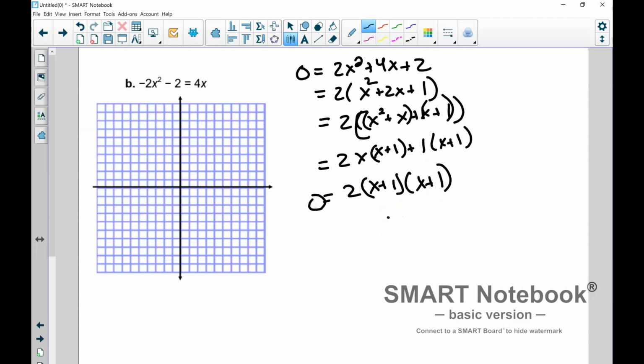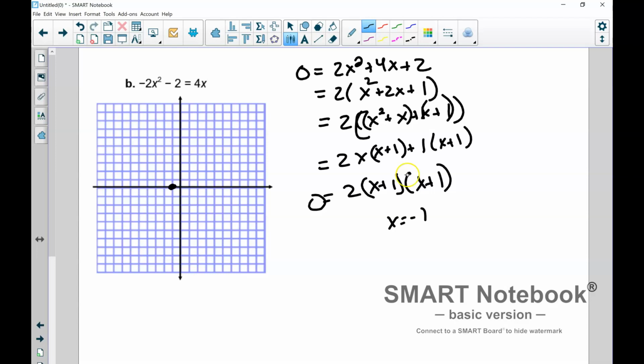So what does that mean x is equal to? x is equal to -1. So that's going to go right there. Now, because it's right on it, and there's no other dot, I know that this is the only place it crosses the x-axis. So I know that's also the vertex.